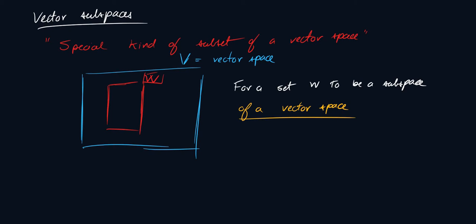You can't have a subspace alone; it needs to be a sub of something, hence the sub from subspace. Even before we get to the actual conditions, W must be a subset of my vector space V.